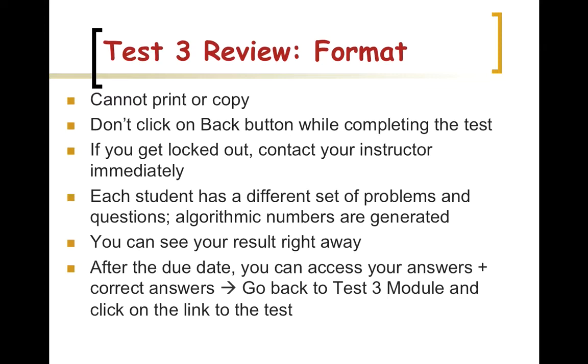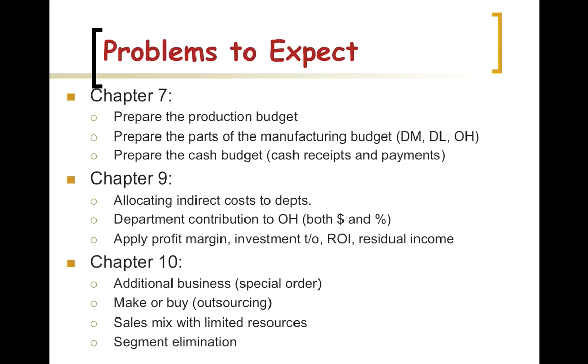Once you finish your test, you can see your results right away, and Connect is synced with Canvas, so you should be able to see your score within 20-25 minutes in the grades on Canvas. After the due date, on Monday at 11:56 p.m., you can click back on test 3 and see the feedback. You can see questions you missed, you can see your answers, and you can see the correct answers.